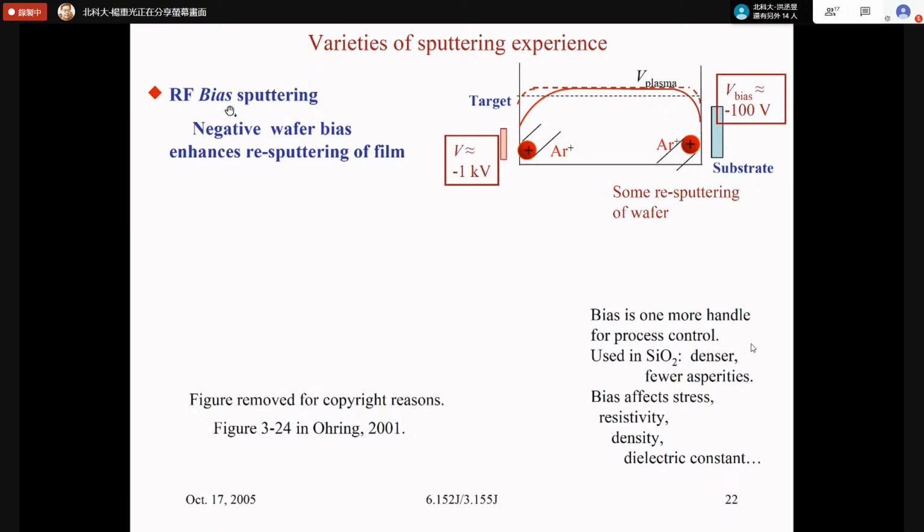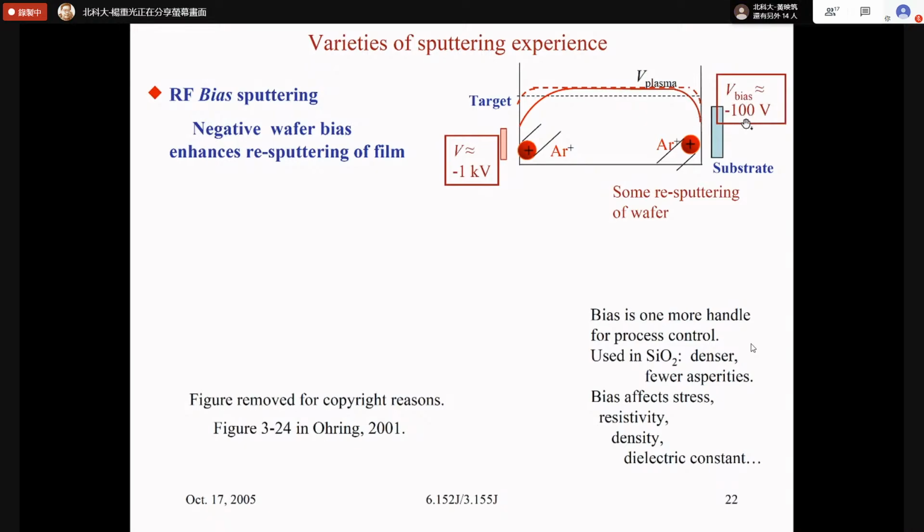The other thing we need to consider is a bias. The bias is the potential we provide. Like in this case, we always give voltage as 1 kilovolt. However, we can generate a bias for like -100.